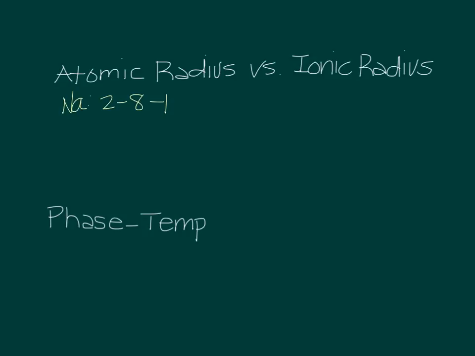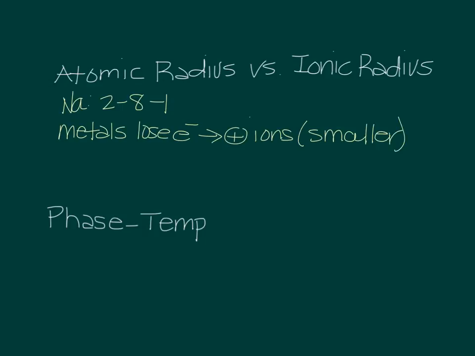So in this case, are we going to give up 1 or gain 7? We're going to give up. So metals lose electrons and they form positive ions. Therefore, the ionic radius is smaller.